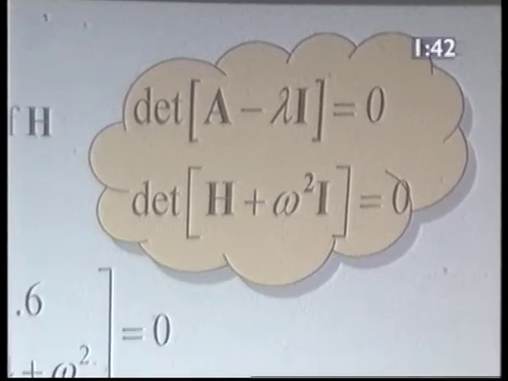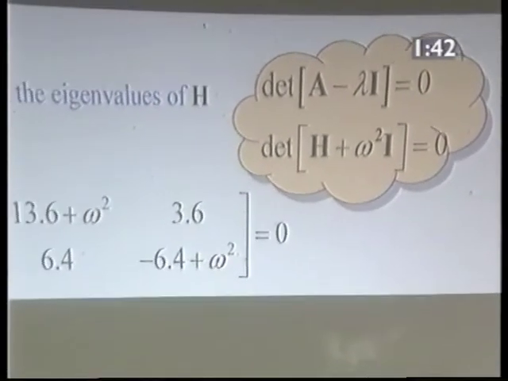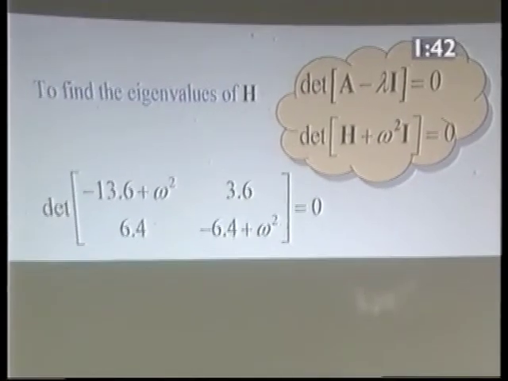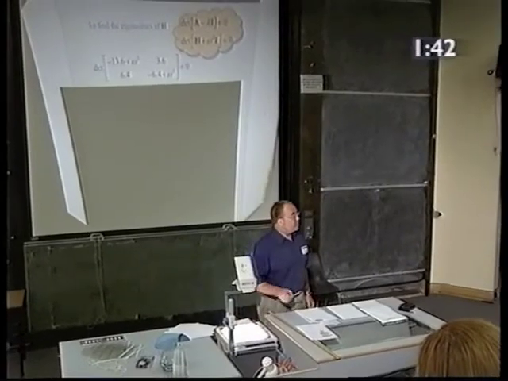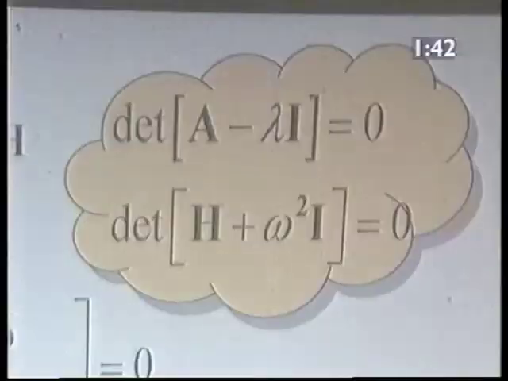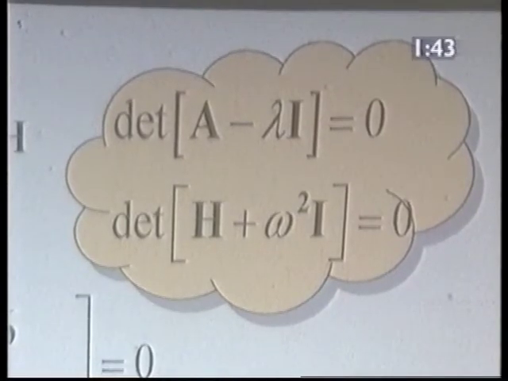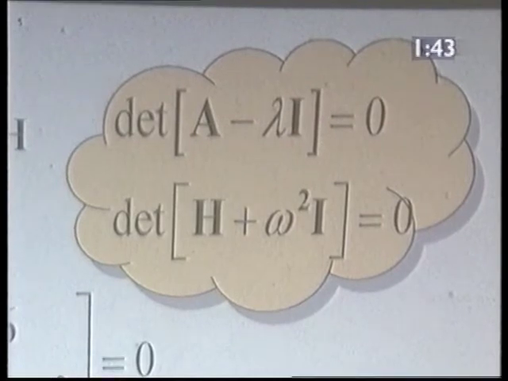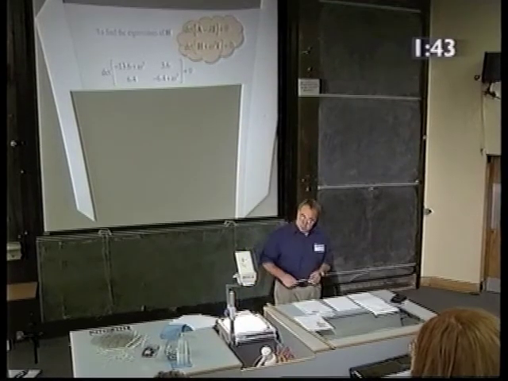So let's go through the calculation. The matrix H in our case was minus 13.6, 3.6, 6.4, and minus 6.4. To find the eigenvalues, which you've been doing all week now, you're finding these in your sleep, we take the determinant of A minus lambda I. So in our case, we want the determinant of H plus omega squared I, because we decided on the previous slide that the eigenvalues are minus omega squared.